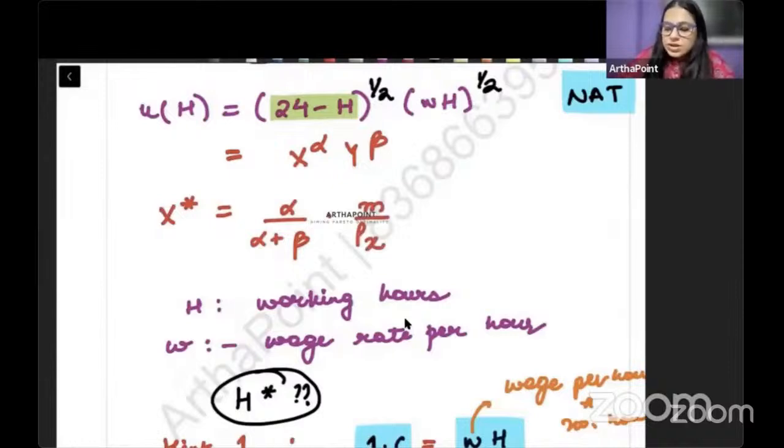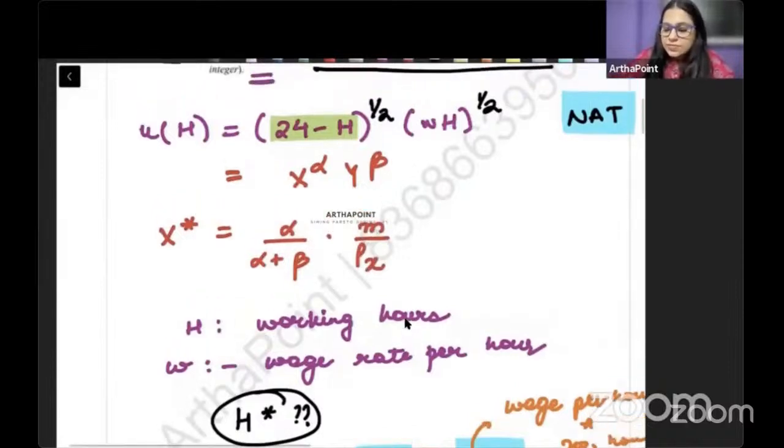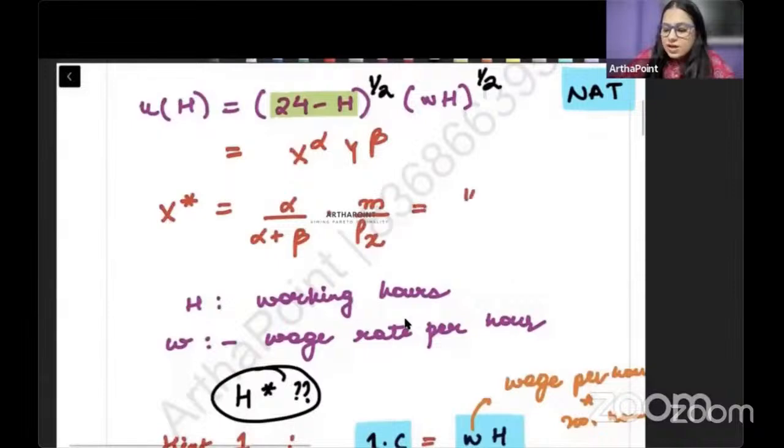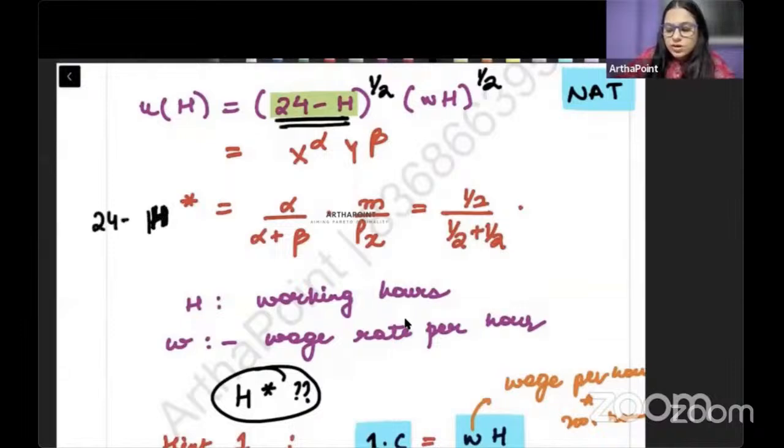Try to understand this thing. Alpha is half. Alpha plus beta will be half plus half. ठीक है? What does x mean here? It means I am finding the value of h here, right? This is 24 minus h. This is what I am trying to find out.